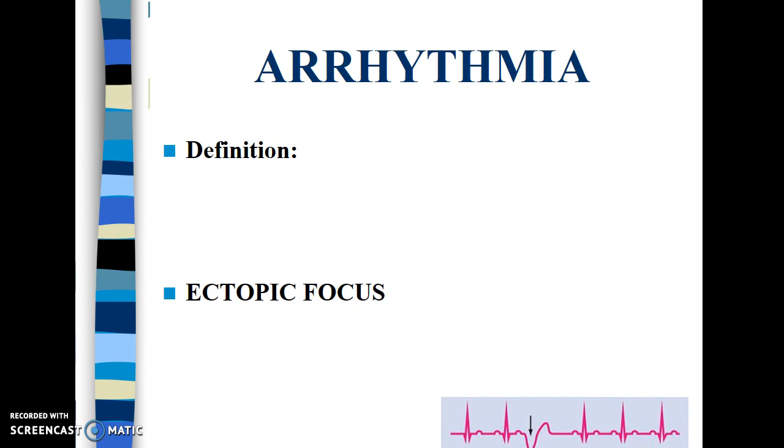It is originating not necessarily from the SA and AV nodes. It's originating from an area of the heart that we call an ectopic focus, or if we have a variety of them, ectopic foci. And they are damaged myocardial cell or cells.